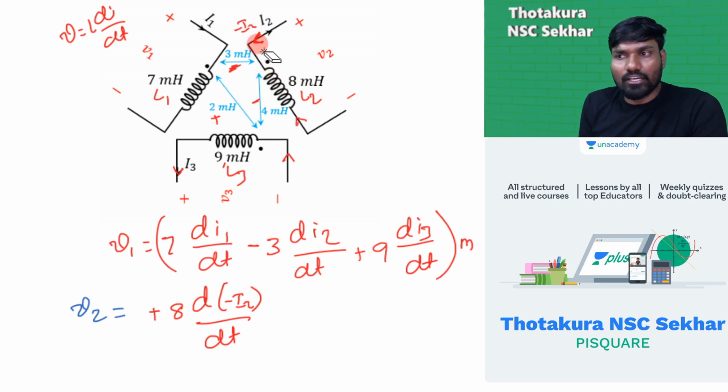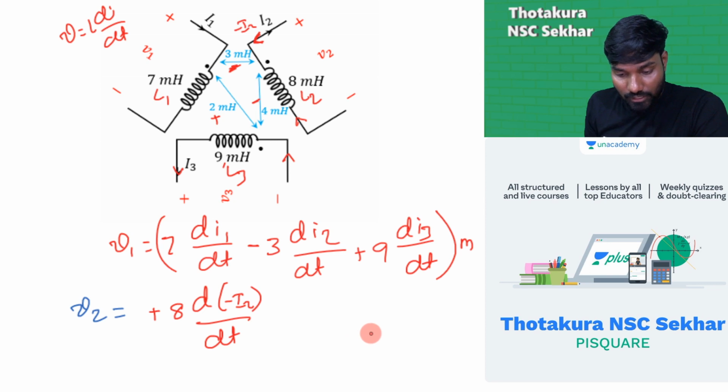Now we can take the regular one, or if you want, you can change it with respect to minus I2. I repeat, with respect to minus I2, this is a positive coupling. With respect to I2, it's a negative coupling. So positive coupling with respect to minus I2 means negative coupling with respect to I2. When it's stated, it's different.